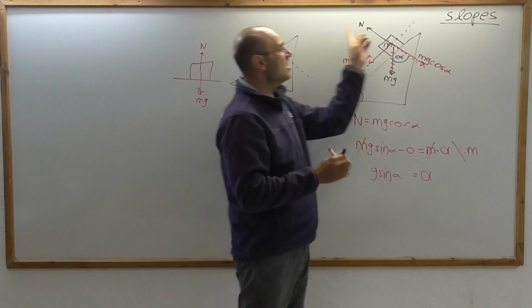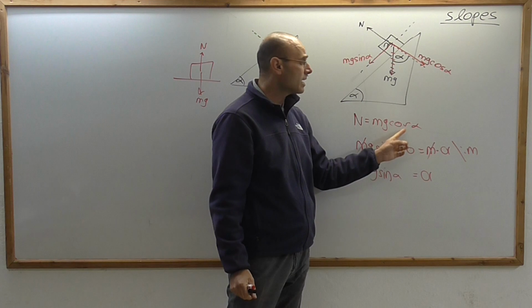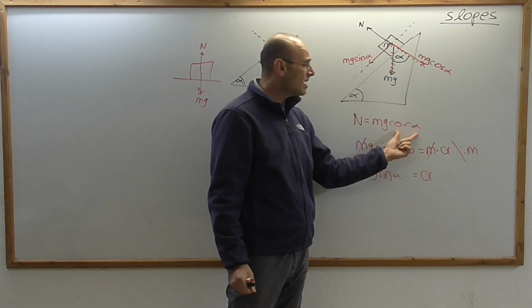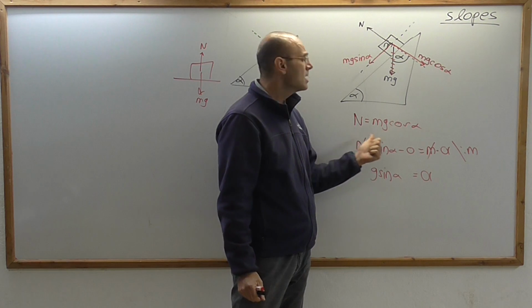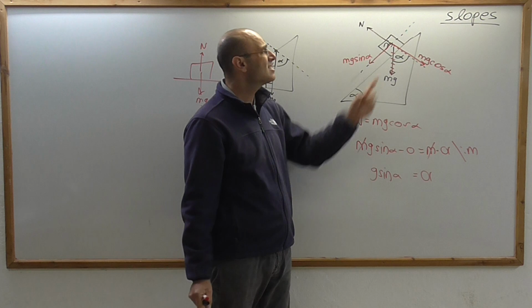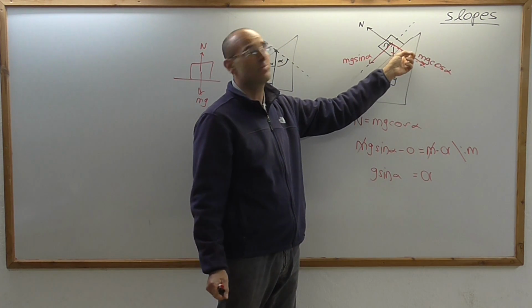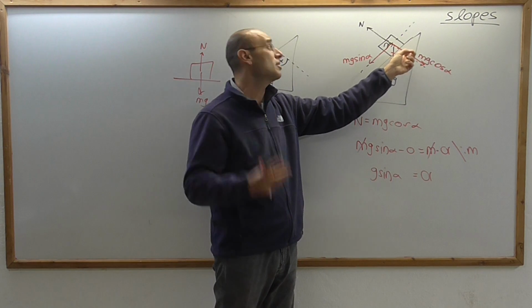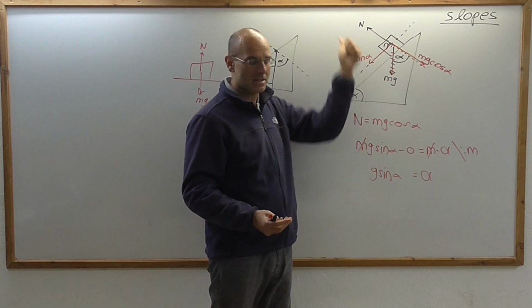But here the normal equals mg multiplied by cosine alpha. Cosine alpha is a number between 0 and 1, so the normal force is less than mg, which means it presses less on the slope, and the slope, according to the third law of Newton, presses back less than mg on the mass.